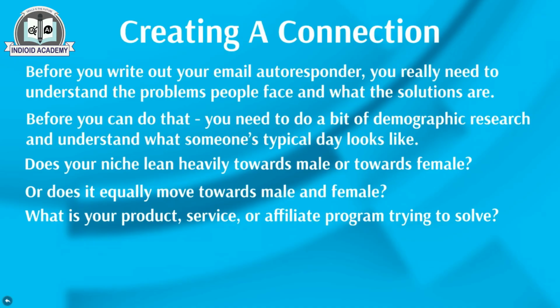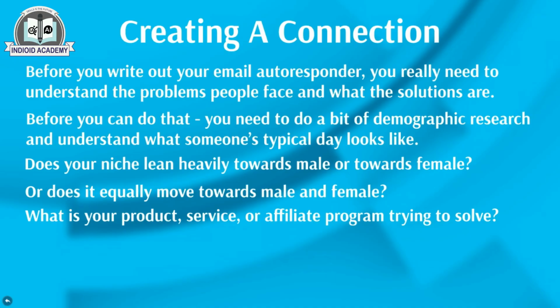It doesn't matter if you're selling a product or service or an affiliate program. The whole goal of every single one of these items is to build a relationship first. Then you can sell your product, then you can sell your service, and then of course, you can sell your affiliate program. Oftentimes you'll find that the best converting email autoresponder series tend to build a relationship first rather than selling first.